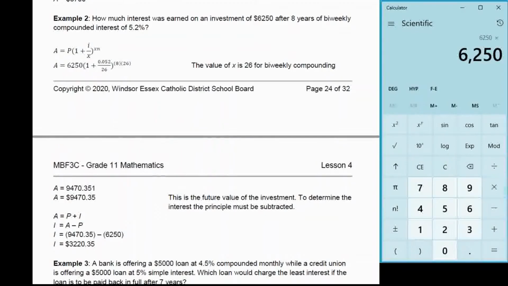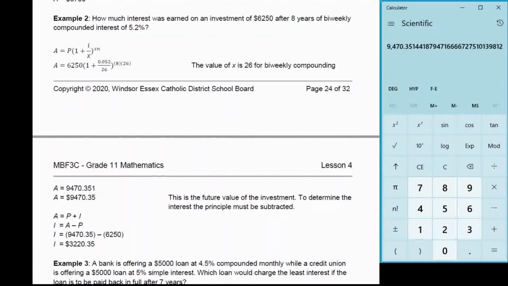So if I take that $6,250 principal and I multiply that by 1 plus the interest rate compounded bi-weekly, so I have to divide that by 26, to the power of the 8 years times 26 bi-weekly periods per year, I end up with $9,470.35.